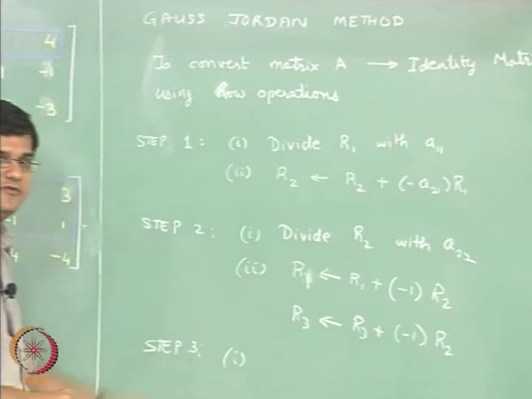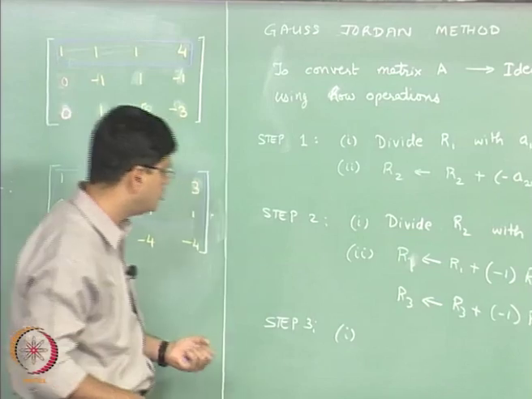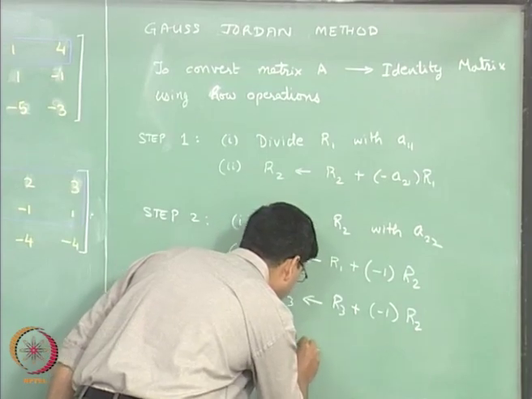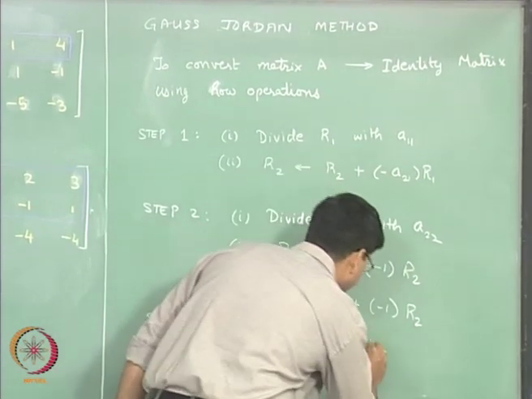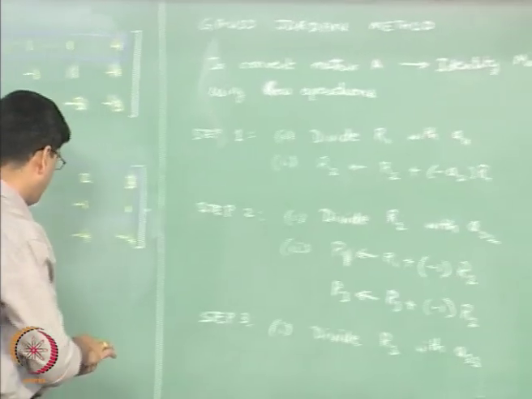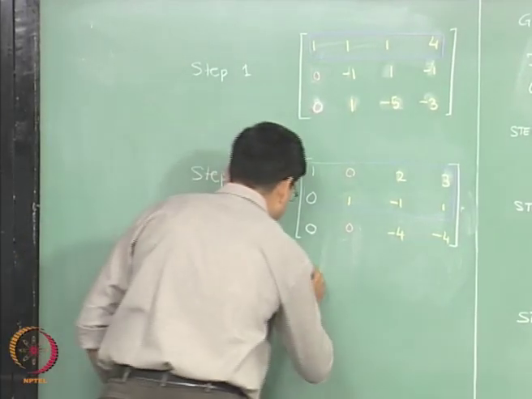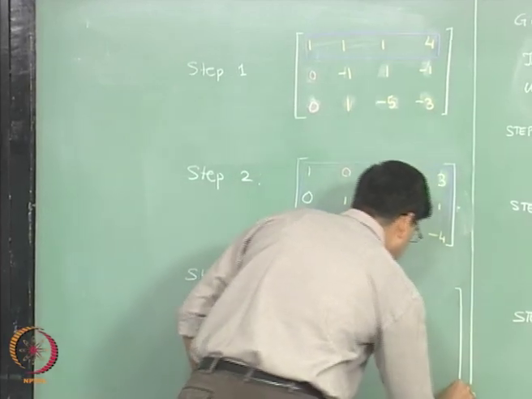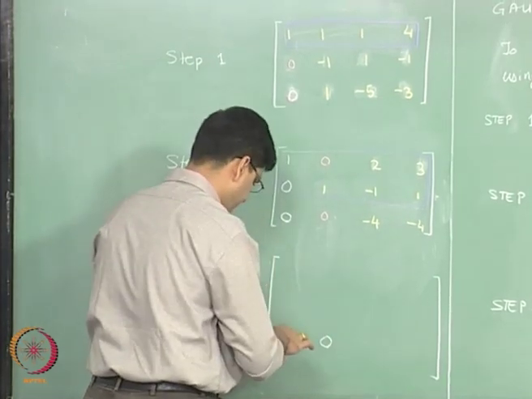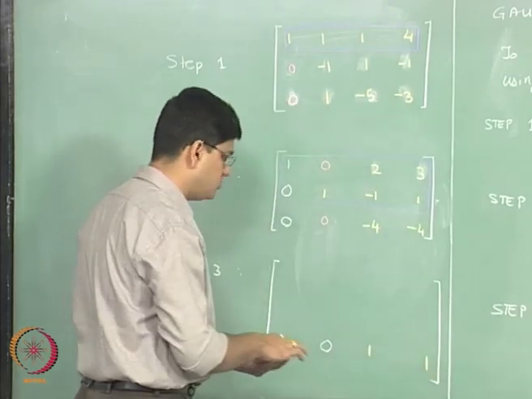Like Gauss elimination, we follow n minus 1 steps, with the difference that we make the ith element equal to 1, but we have the nth step also. In that nth step we again divide R3 by A33. So when we do that, we will have 0 0, and we divide this by 4, minus 4, so we will have 0 0 1 1.